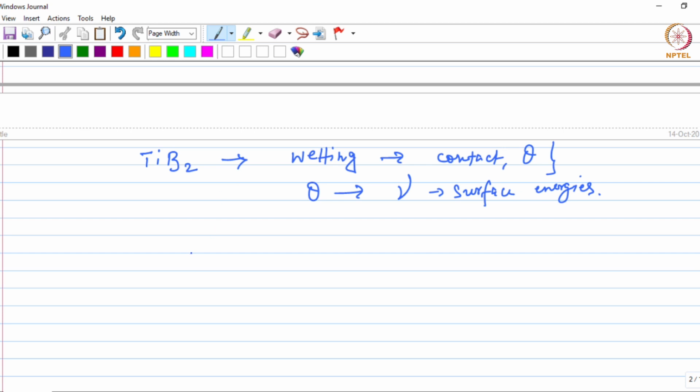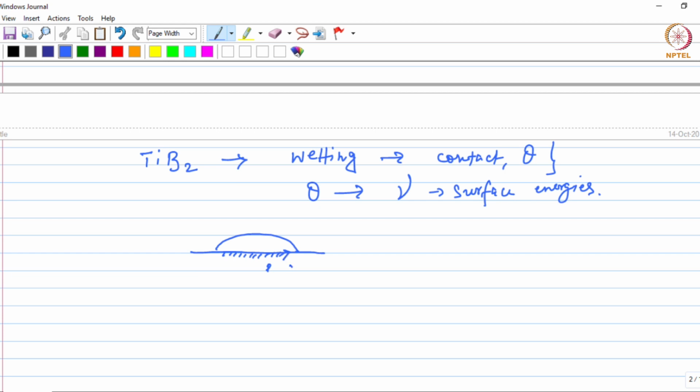and we have seen that the contact angle depends on the surface energies. So if you consider the heterogeneous nucleation, we can go back to this diagram once again. So this is the particle surface on which the solid aluminium is forming. Okay, so we can call that surface P. P stands for the particle.